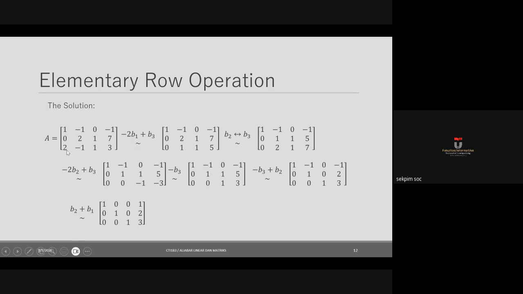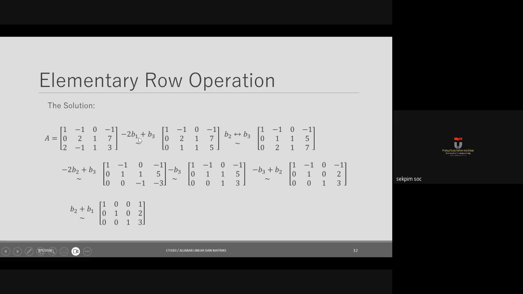So the operation we can do is: row 3 is added with -2 times row 1. Baris 3 kita tambahkan dengan -2 baris 1 supaya ininya 0 kan.